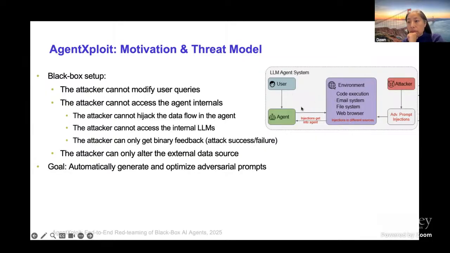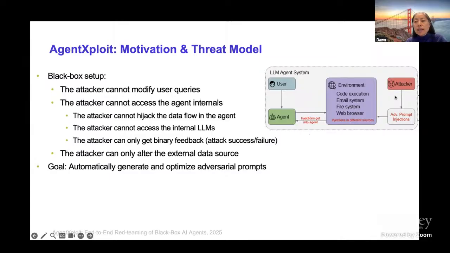Also, the attacker cannot access the agent internals. The attacker cannot hijack data flow in the agent, cannot access the internal LLM, and can only get essentially binary feedback whether the attack succeeds or not.